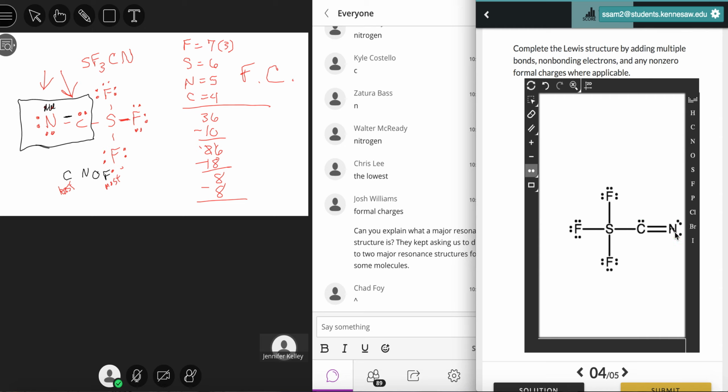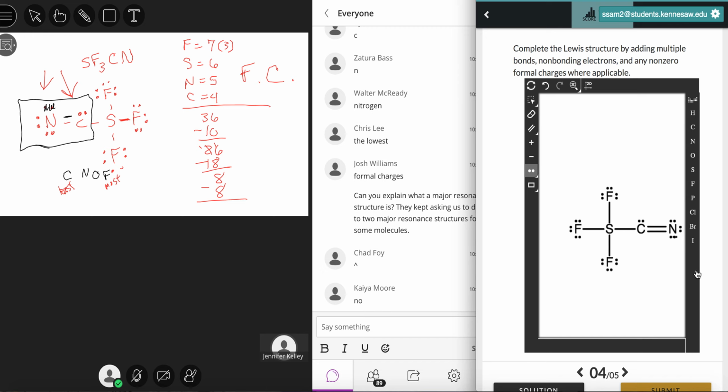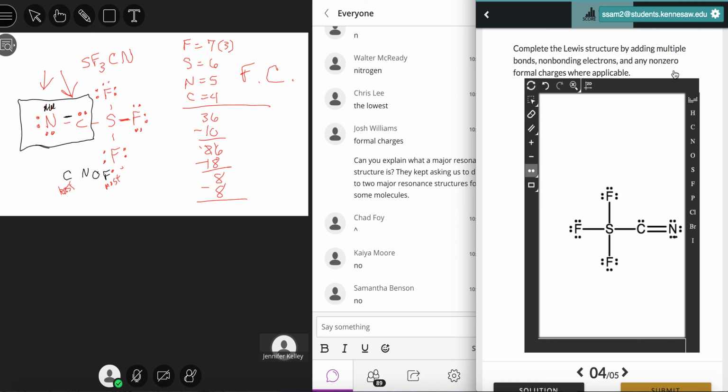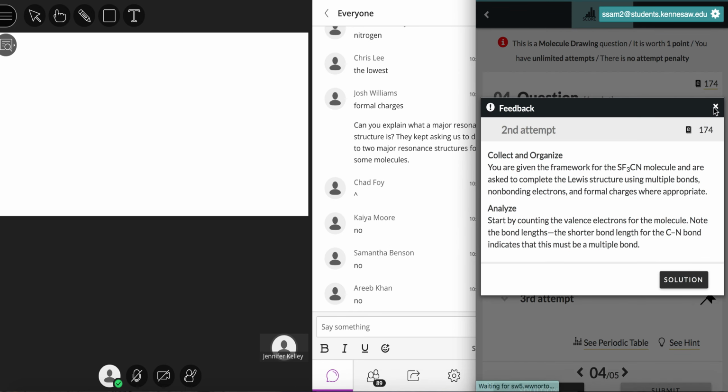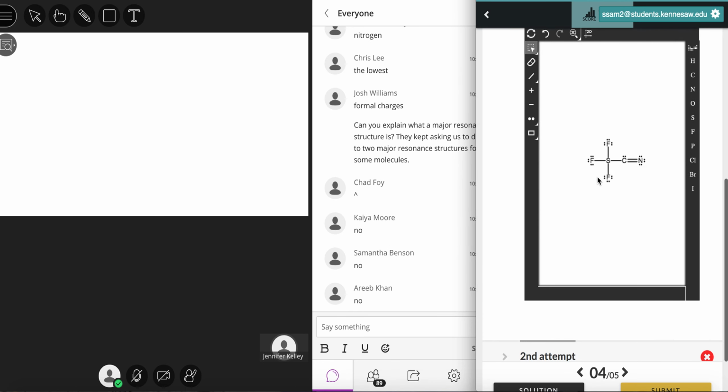Okay, anybody have any questions on the one we've got up right now? No? Okay. All right, so let's look at this imaginary molecule.